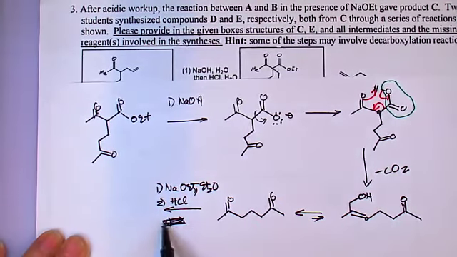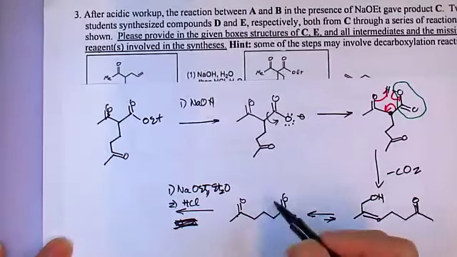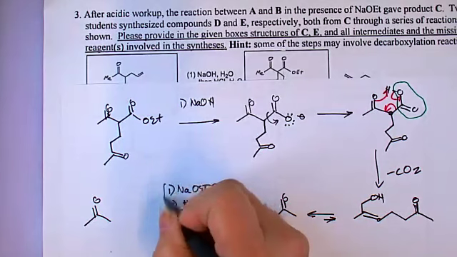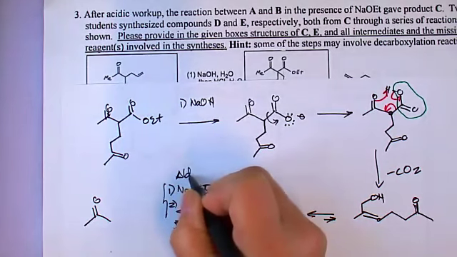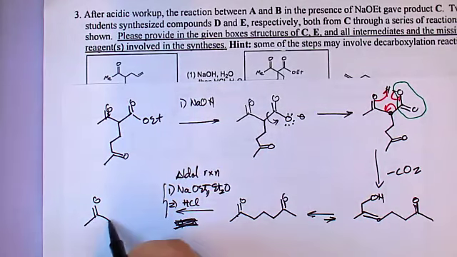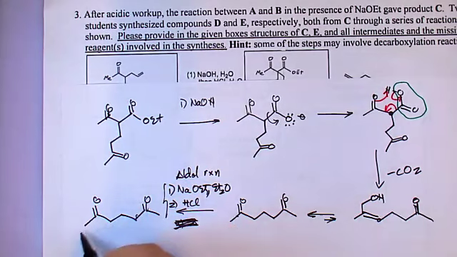Okay, I'm going to do the heating in the next step. So I'm going to do it step by step for you guys. So the first thing that we're going to do is remove, this is again an aldol reaction, but this is intramolecular. So I'm going to remove one of the acidic hydrogens here.